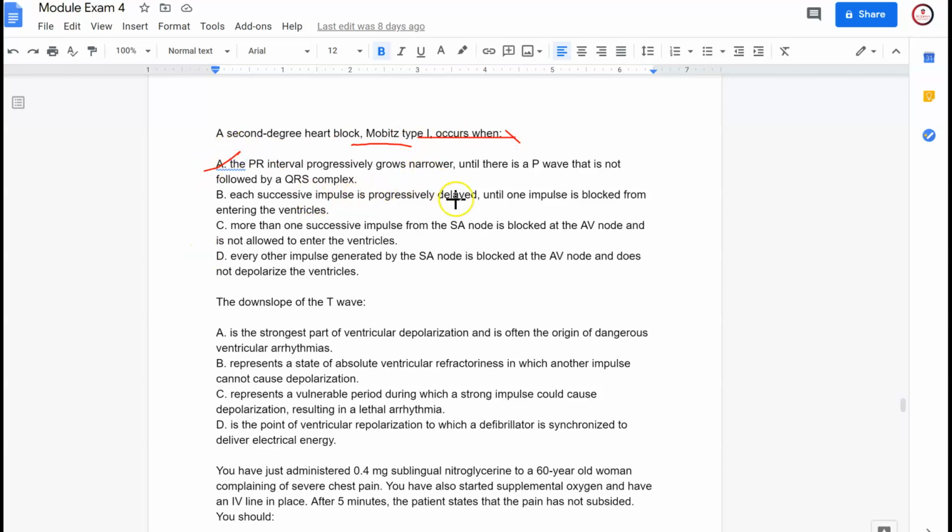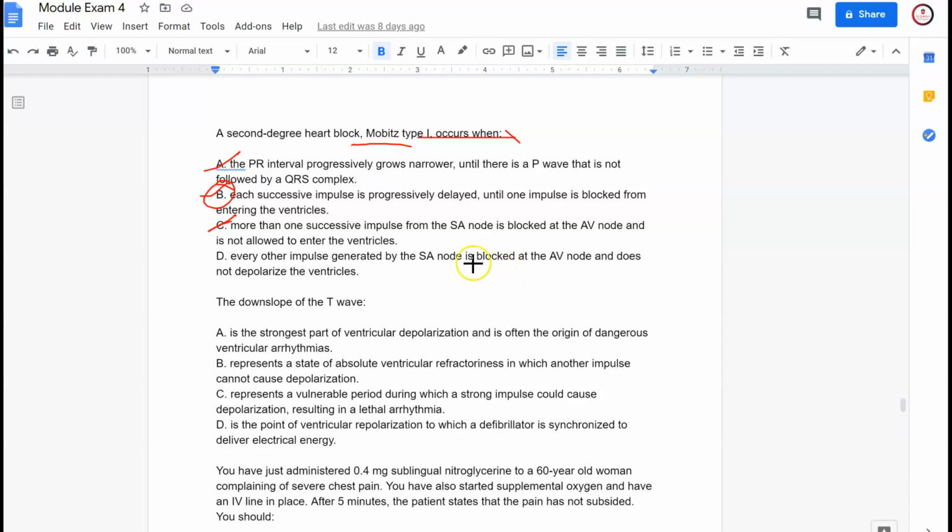Each successive impulse is progressively delayed until one impulse is blocked from entering the ventricles. That sounds pretty good so far. It's a little wordy, but sounds okay. More than one successive impulse from the SA node is blocked at the AV node? No, it's usually just one, right? Every other impulse is blocked. The AV node does not depolarize. Now, B.